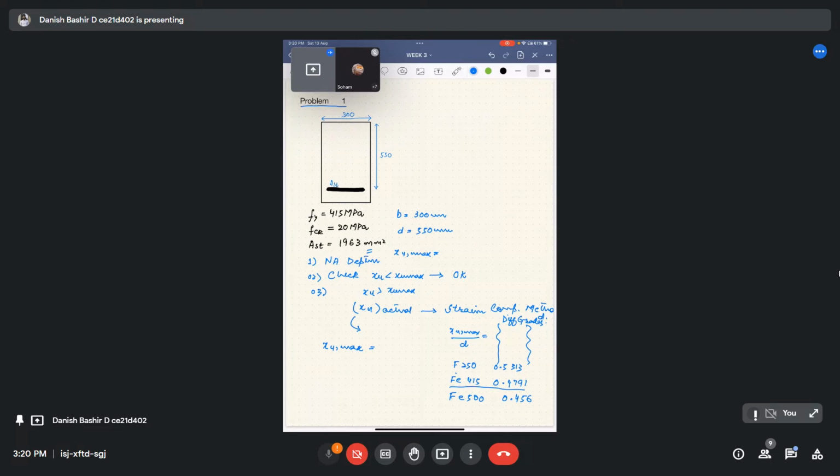So we will write XU max by d as 0.4791. When we put the value of d as 550, we get XU max as 0.4791 multiplied by 550, which is equal to 263.5 mm.